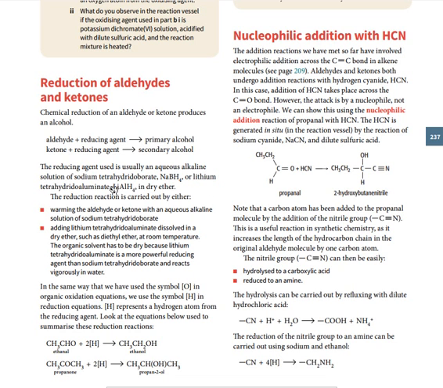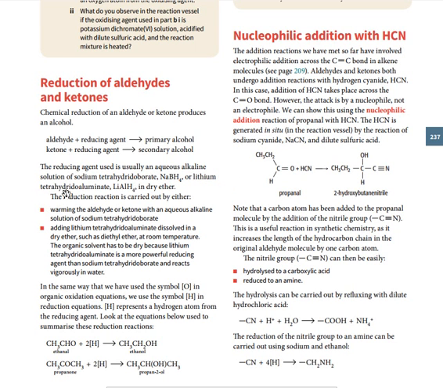But when you want to reduce the mixture inside ether, a non-polar solvent, you instead use lithium aluminium tetrahydride. You use lithium tetrahydroaluminate. So lithium aluminium tetrahydride, and this is sodium boron tetrahydride.